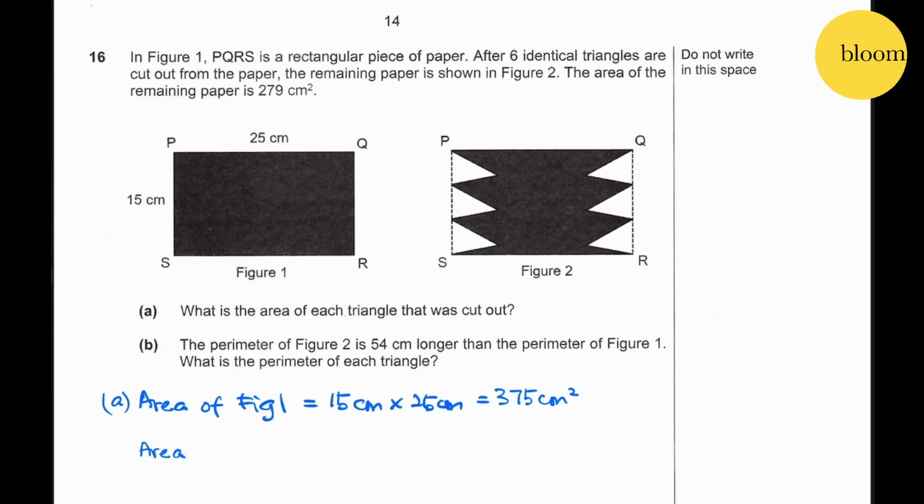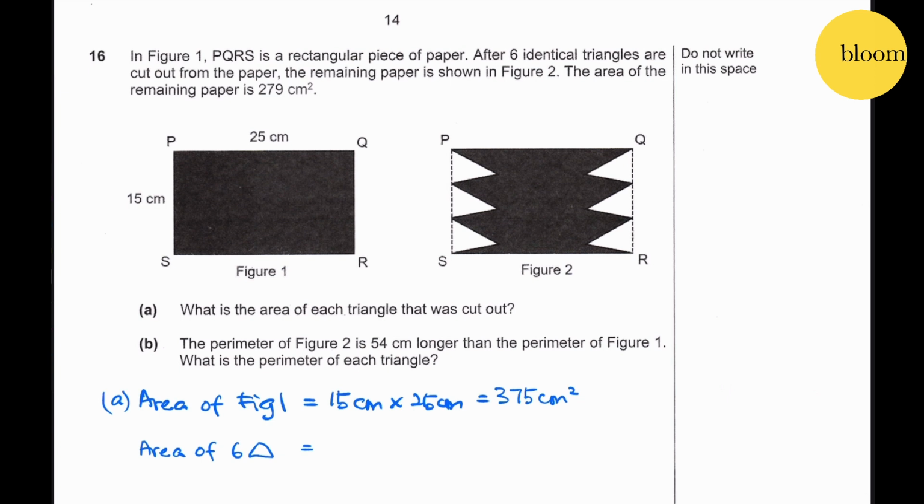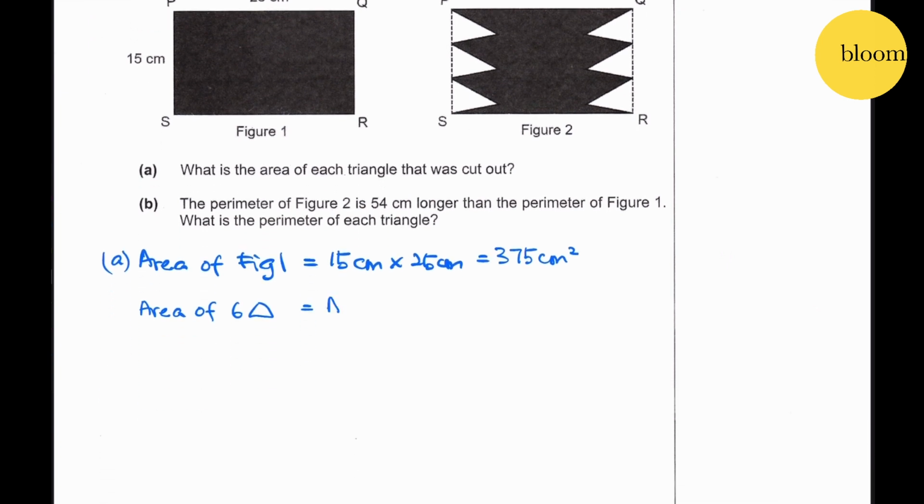Area of 6 triangles equals area of figure 1 minus area of figure 2, which is 375 cm² minus 279 cm², which gives us 96 cm².